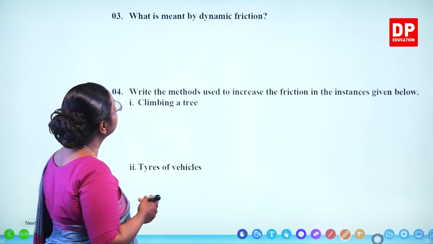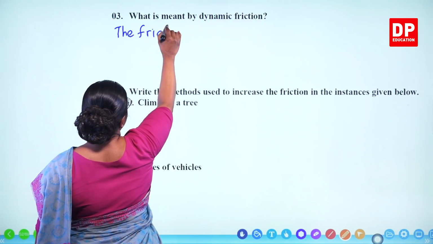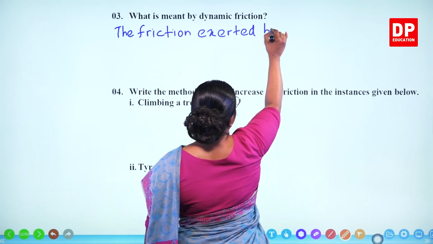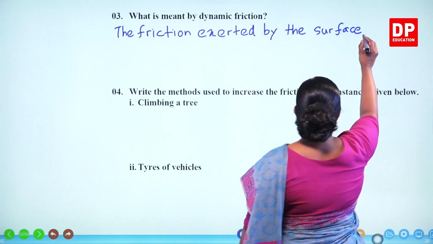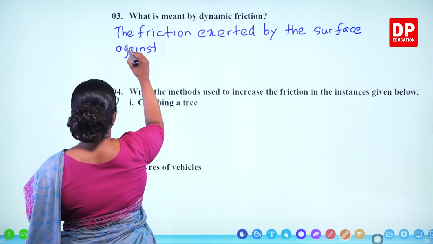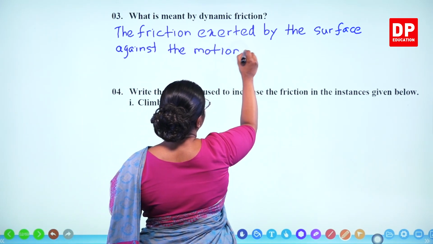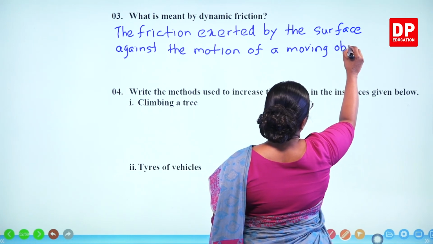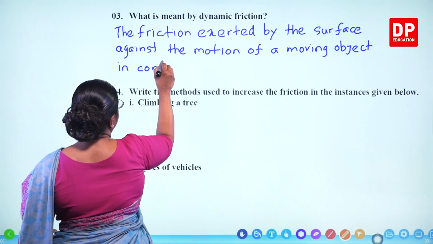So we can define dynamic friction as the frictional force exerted by the surface against the motion of a moving object in contact.